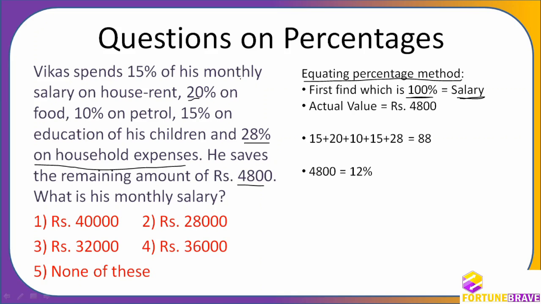Now Vikas spends 15% of his monthly salary on house rent, 20% on food, 10% on petrol, 15% on education of his children, and 28% on household expenses. Now to solve this, we need to know one thing: that income is equal to expenses plus savings.